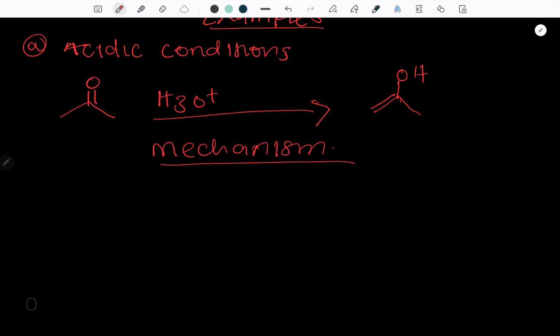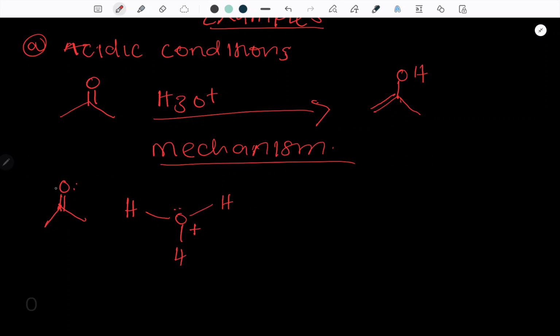So you get the structure, the starting material, in this case it is this one, and then your acid here with one lone pair, and it carries a positive charge.